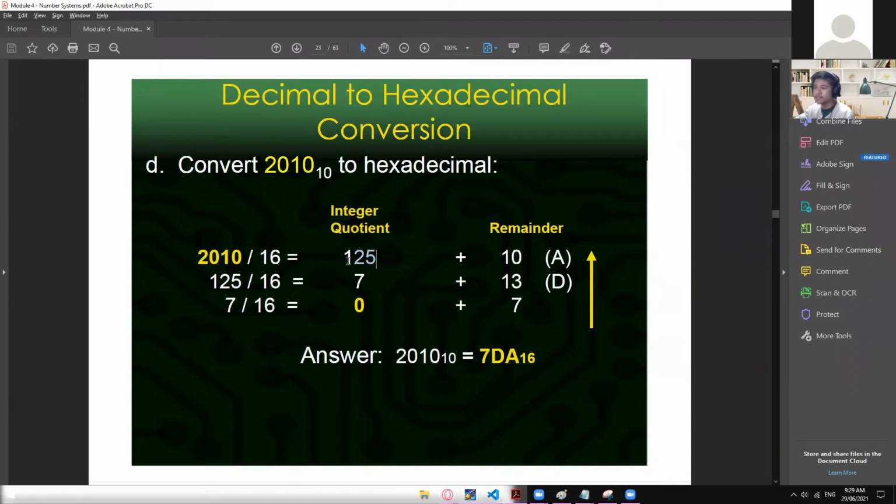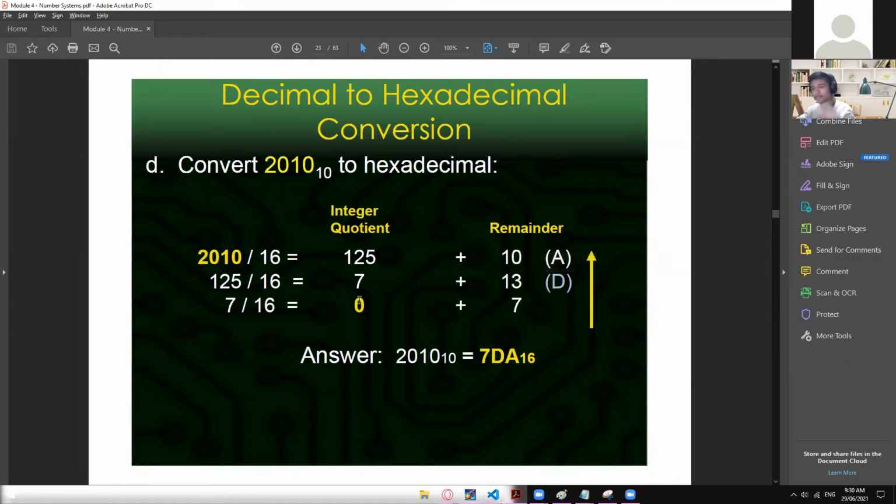Moving on, since this one is still not yet 0, 125 divided by 16 will give us a result of 7.8125. So 7 for the integer quotient, and then 0.8125 times 16 is equal to 13 for our remainder, wherein 13 is letter D in hexadecimal.